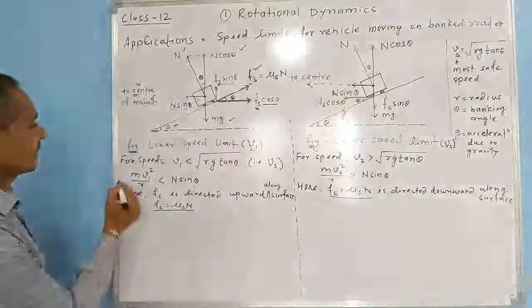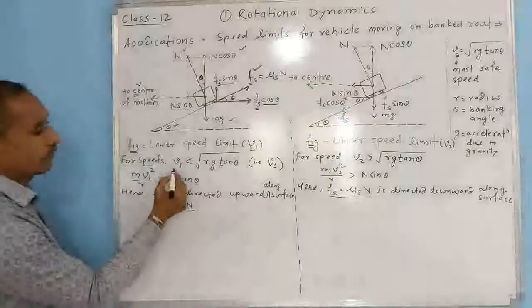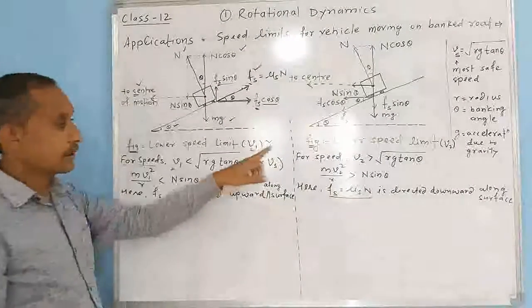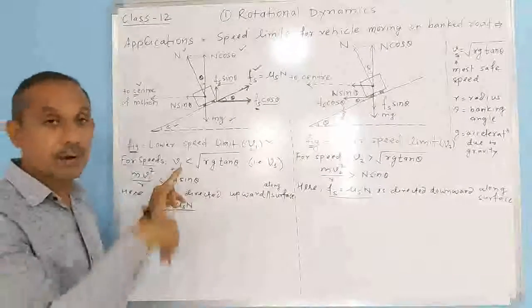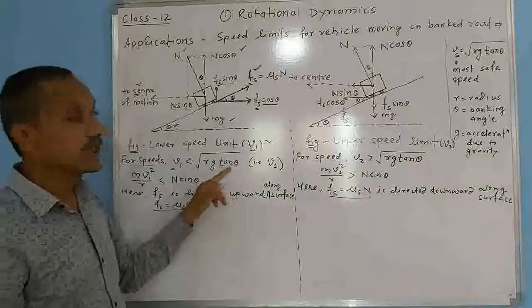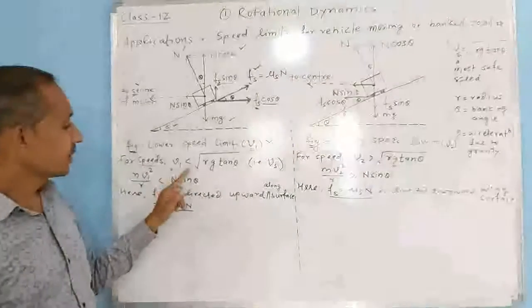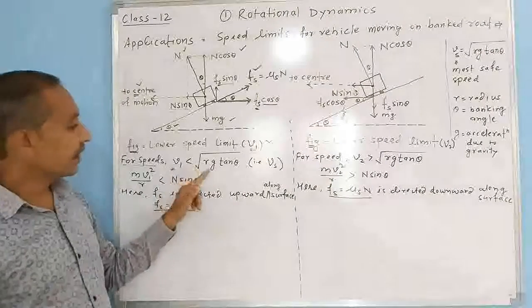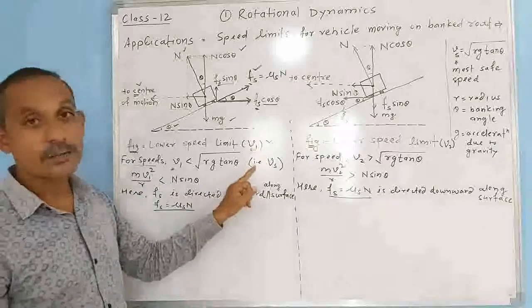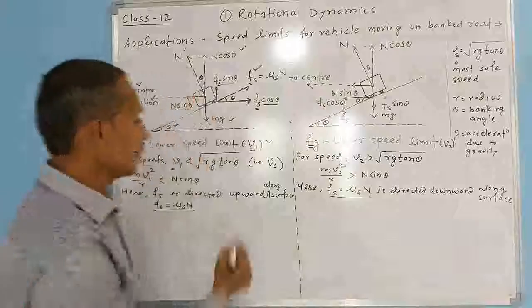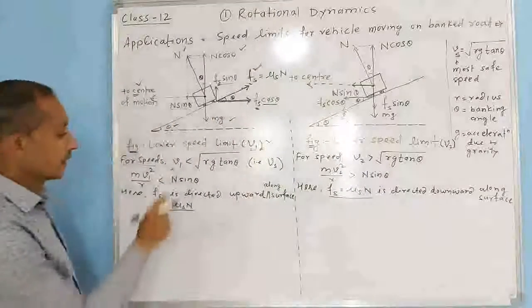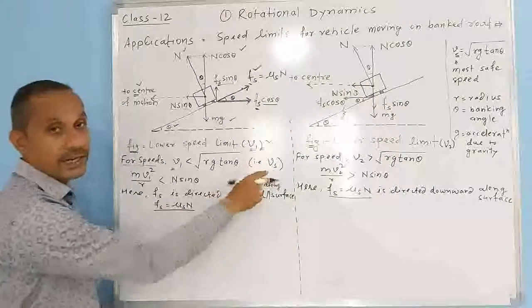So now we consider speeds v1, meaning lower speeds. v1 is smaller than the square root of rg tan theta, that is, v1 is smaller than vs.